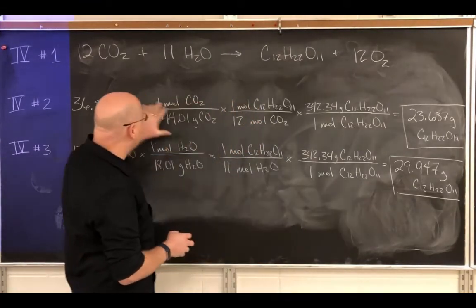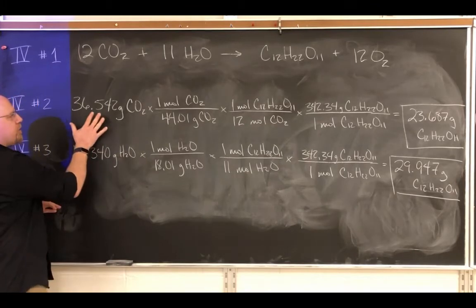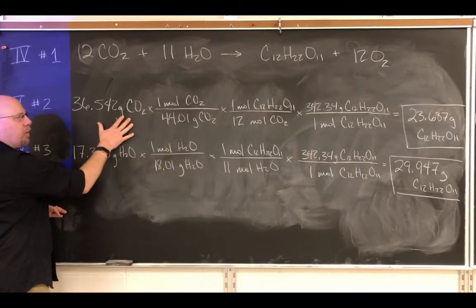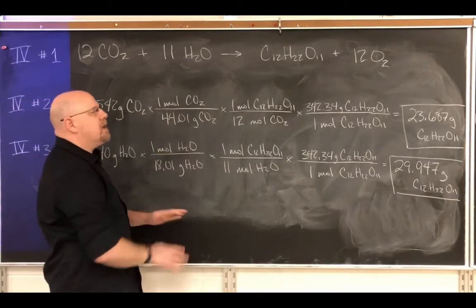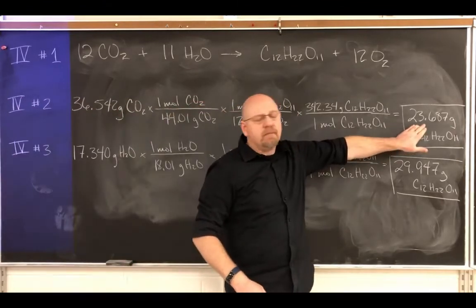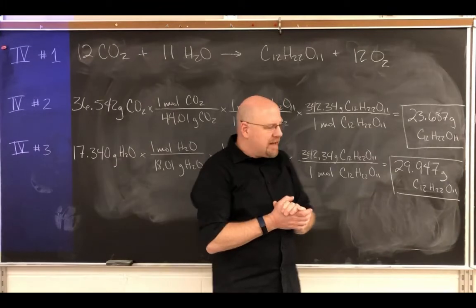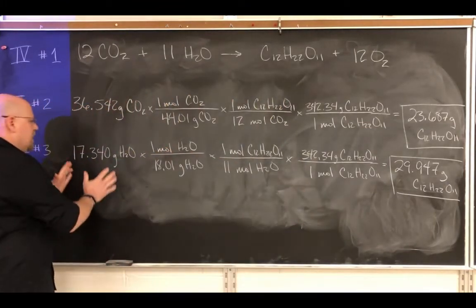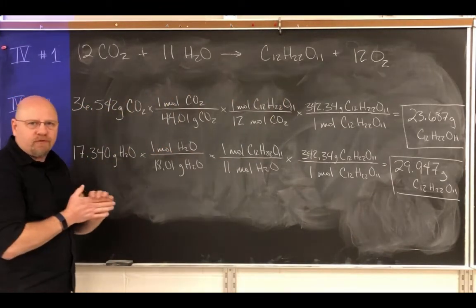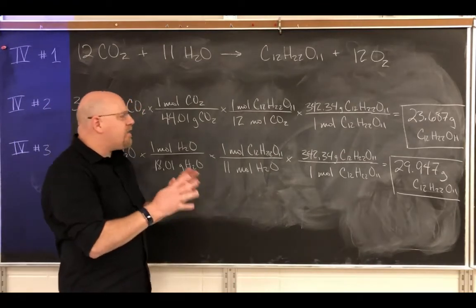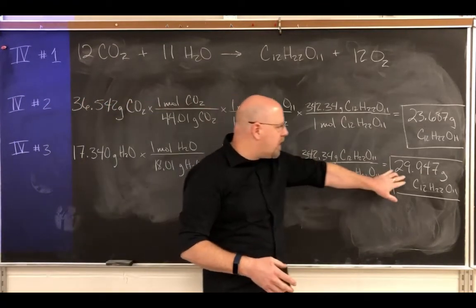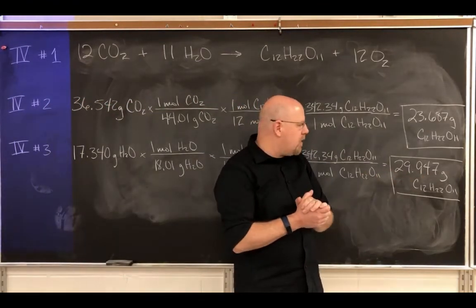We're starting with a reactant, and we're saying 36.542 grams of carbon dioxide can theoretically make 23.687 grams of sucrose. The same is true for the second question: if I have 17.340 grams of water, I theoretically can make 29.947 grams of sucrose.